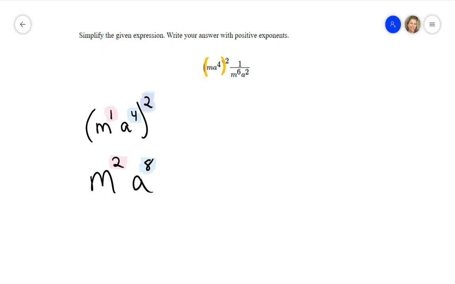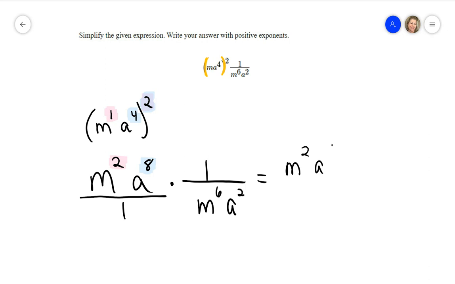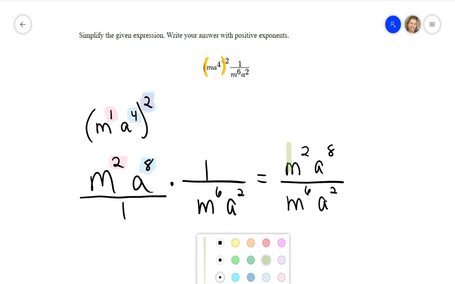But I still have the times 1 over M to the 6th, A to the 2nd. And you can really, if you want, put this over 1. Now what I'm looking at is just a fraction, numerator times numerator, denominator times denominator. So I'm looking at M squared A to the 8th over M to the 6th, A to the 2nd. And then I'm going to use that second rule, which says subtract the exponents.